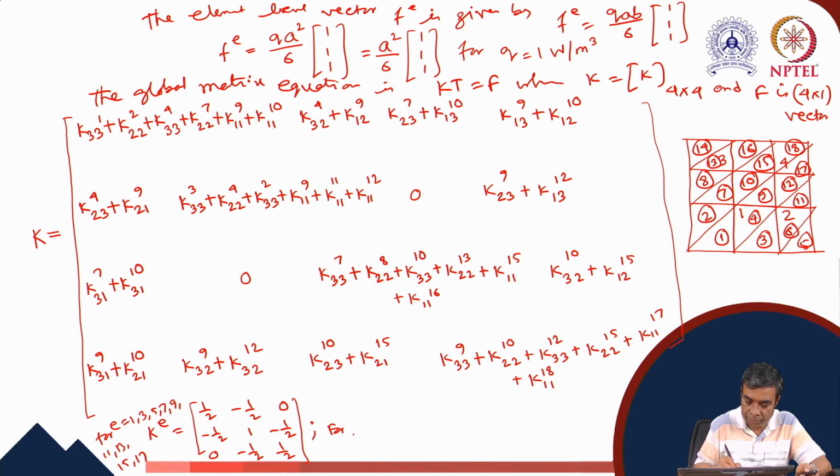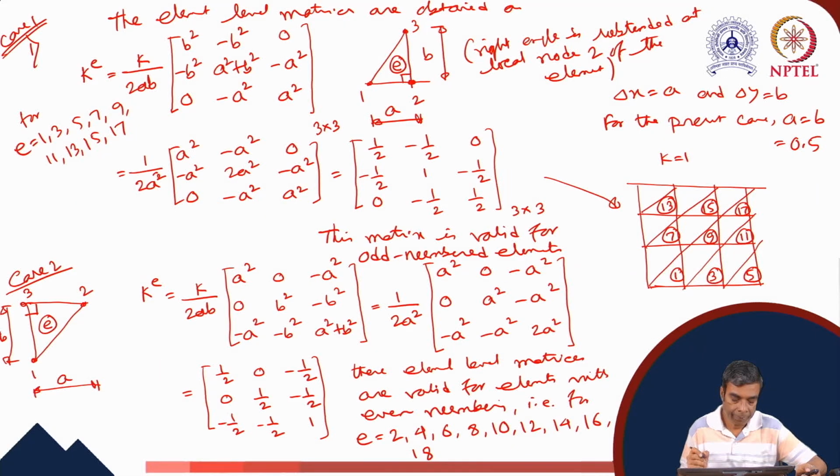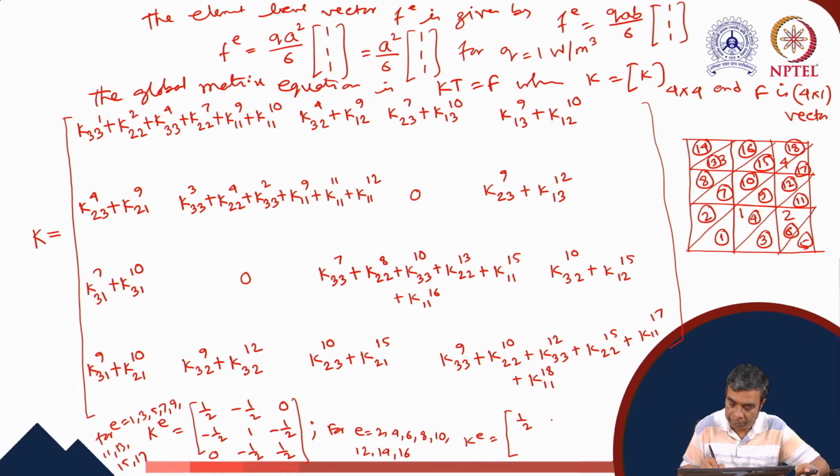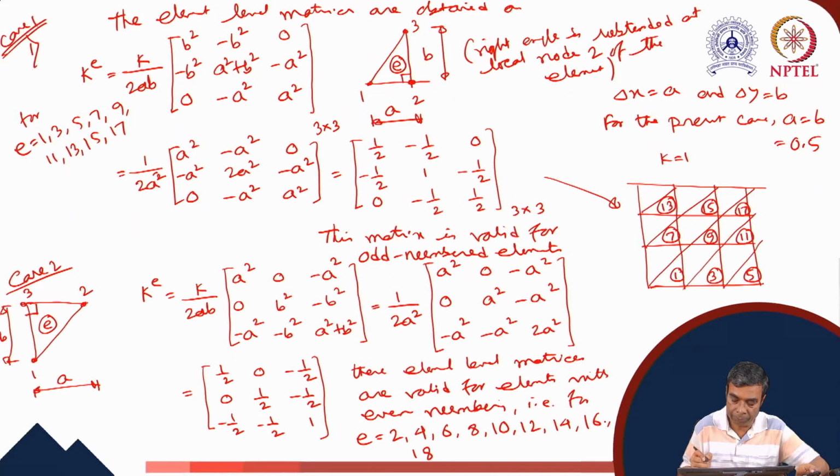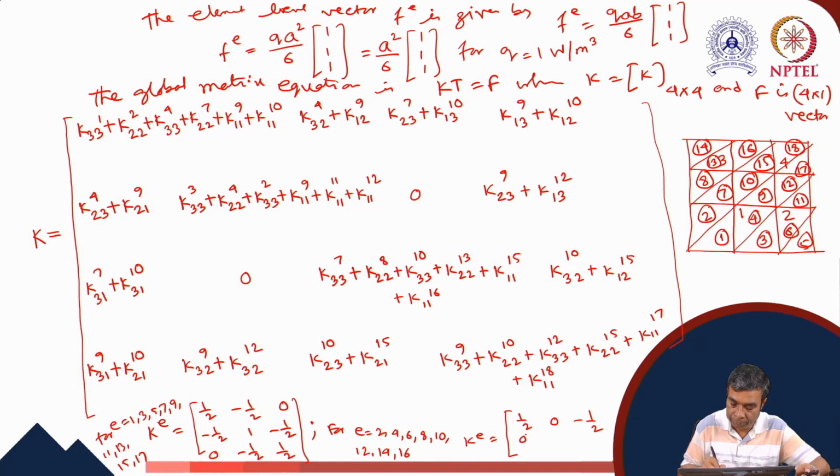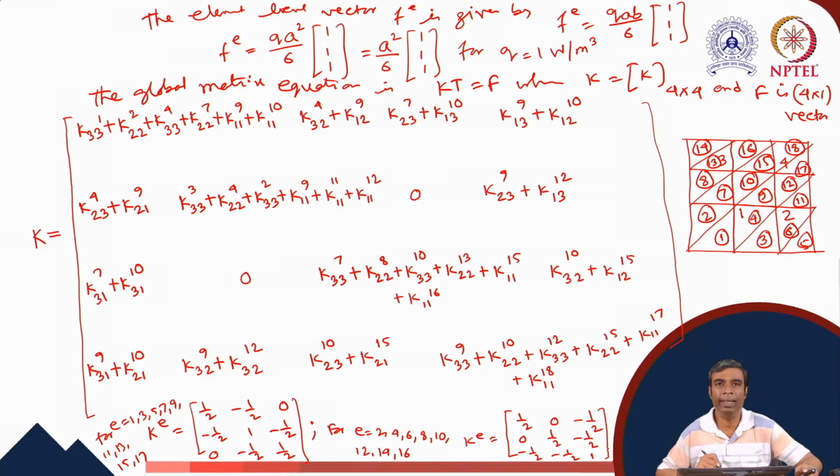Then for e equals to 2, 4, 6, 8, 10, 12, 14 and 16, our Ke is half, 0, minus half; half, 0, minus half; 0, half, minus half; 0, half, minus half; minus half, minus half, 1; minus half, minus half, 1.